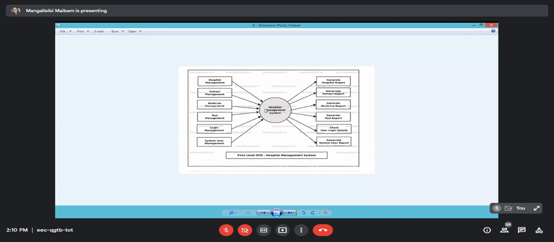So here you have the hospital management process, then you have certain entities associated with it: patient, medicine, test management, login, user management, then generating hospital reports like this. This shows more detailed information about the hospital management. So this can be a first level DFD diagram.